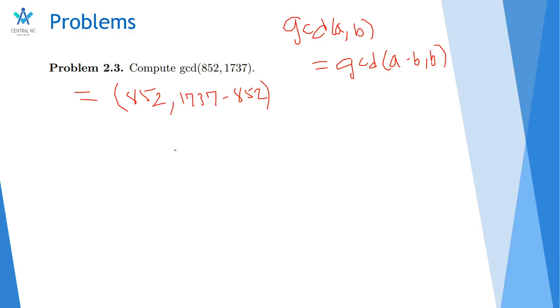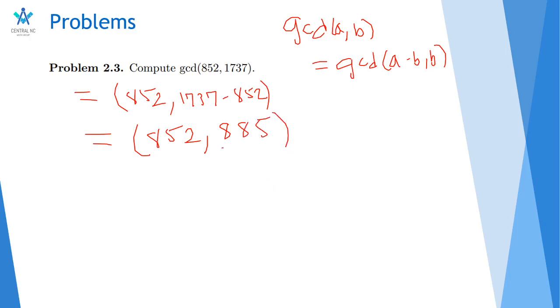Sorry about that. Just want to make sure that I don't mess up this arithmetic. This is equal to 852 and 885, the greatest common divisor of the two.